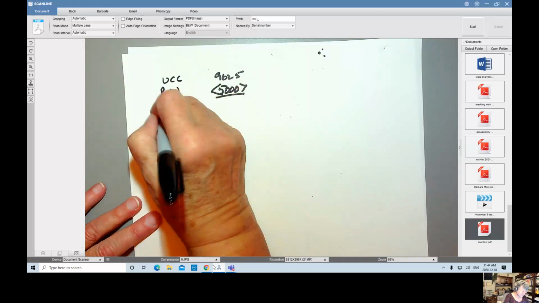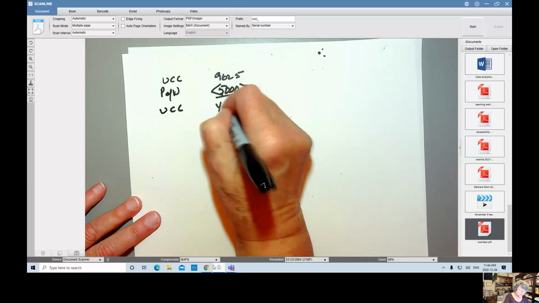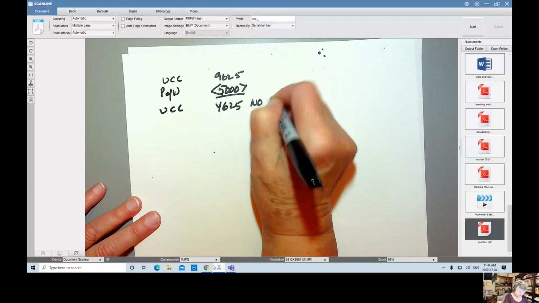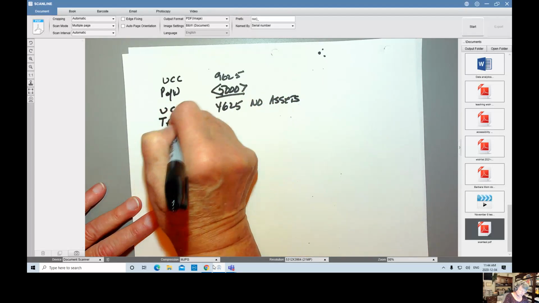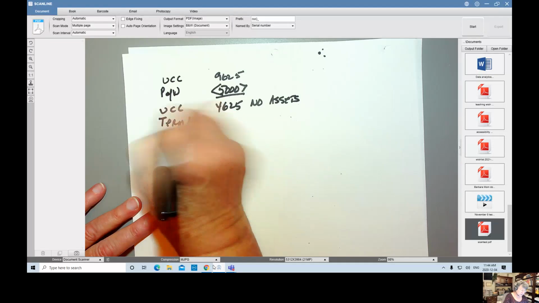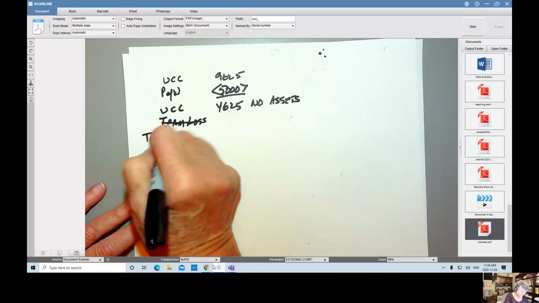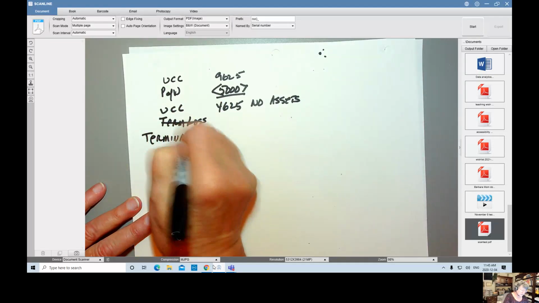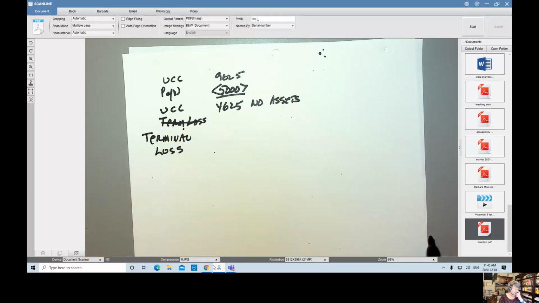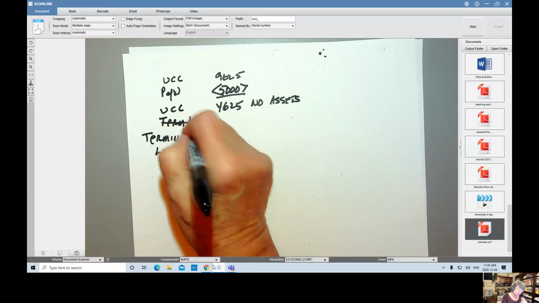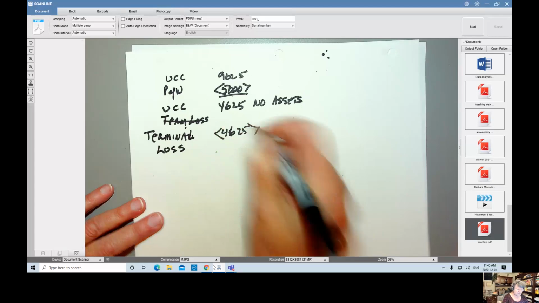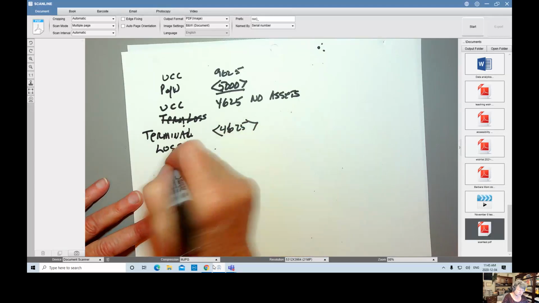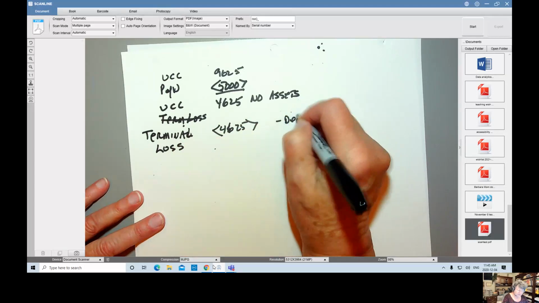I have a UCC balance of 4,625, no assets. So that is a terminal loss. I guess I should write it out fully. Terminal loss. All right. That is deducted from business income.